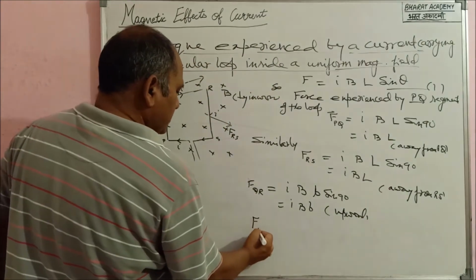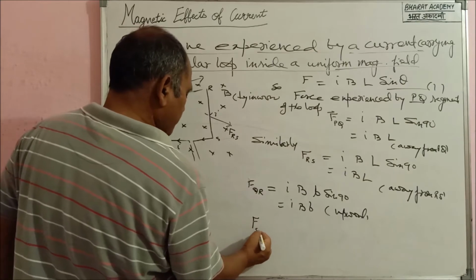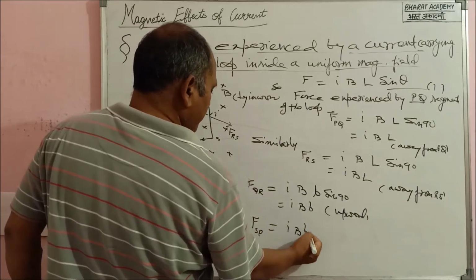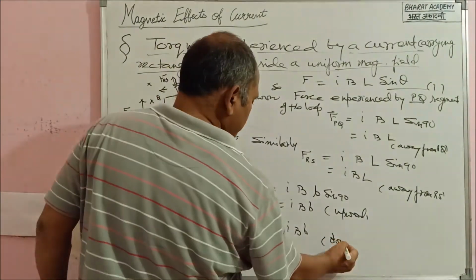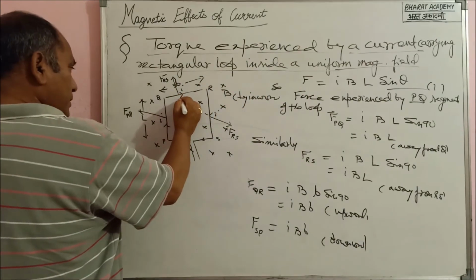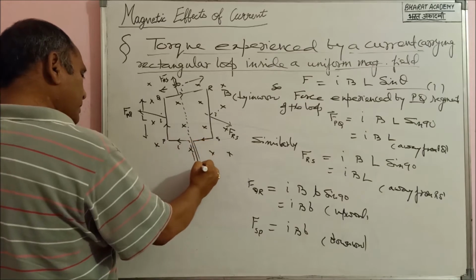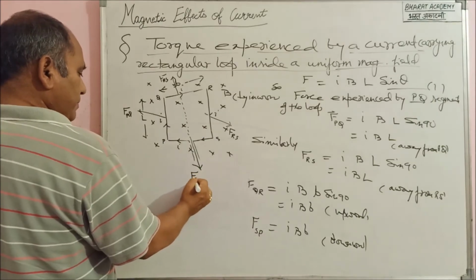What about FSP? This gap is very small, so what will be FSP? It will be I B B again, but downward, like this.